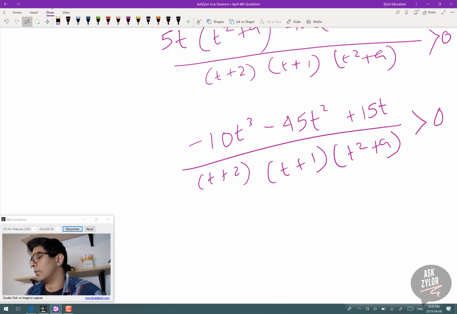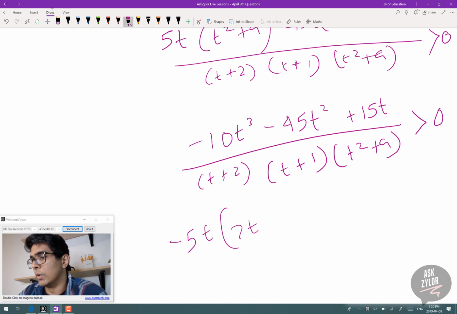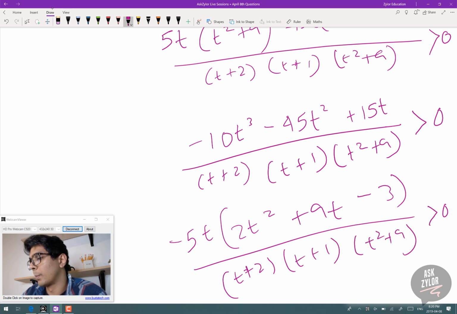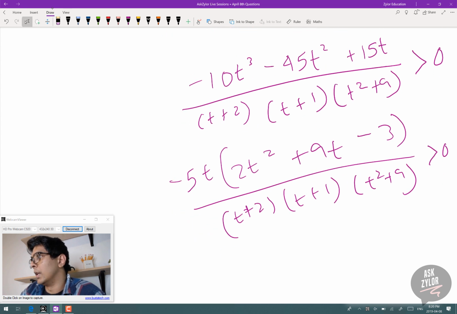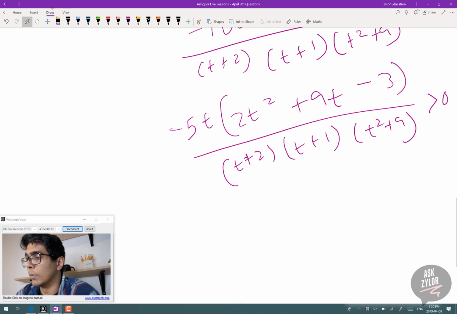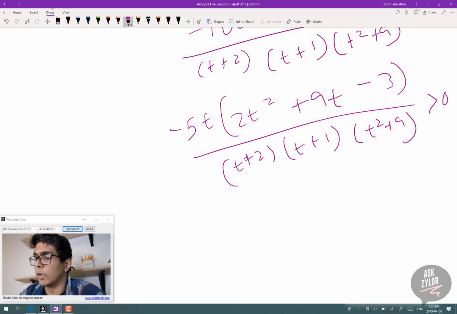So we're going to try and factor the top term now. So I'm going to take out a negative 5t to leave 2t squared plus 9t minus 3 over the same denominator. And I'm going to try and factor the top with my usual method, but I don't think I can, so I'm going to plug that into the quadratic formula.